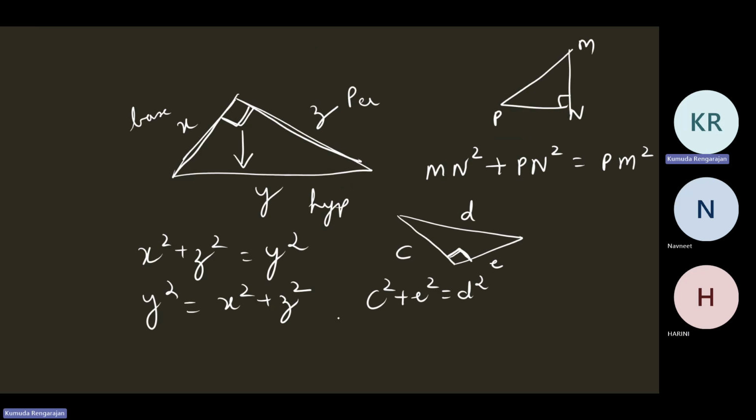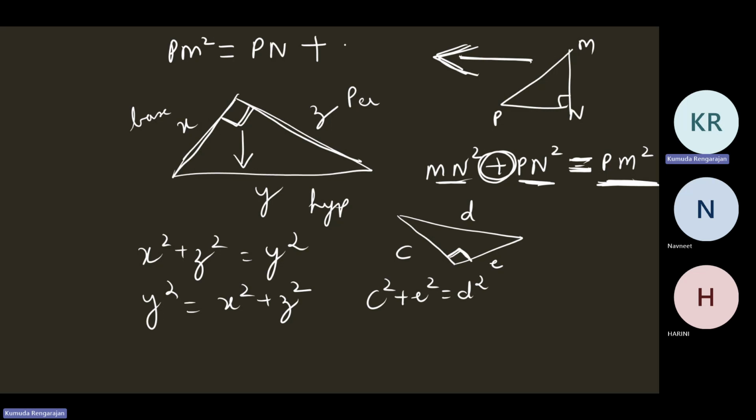So see here, in a right triangle, the square of the hypotenuse is equal to the sum of the squares of the other two sides. So you can also write, in a right triangle, the square of the hypotenuse, PM square, is equal to the sum of the squares of the other two sides. Which are the other two sides? PN and MN.